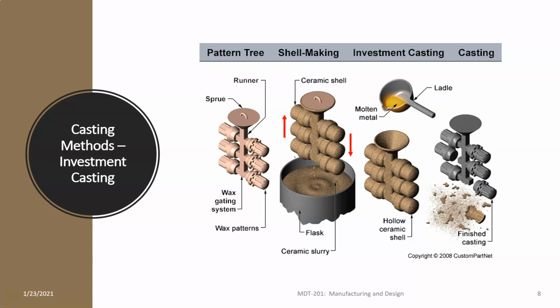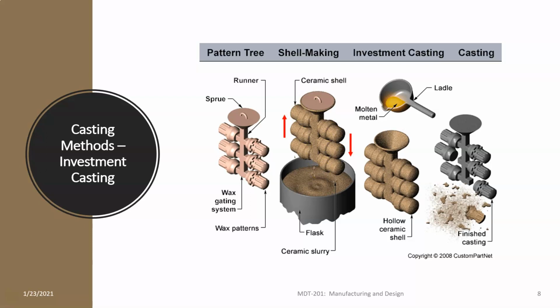So we're going to dip it not once, not twice, but over and over and over again to build up that shell of chocolate. And that's what we're doing here. We're dipping it over and over again in the ceramic slurry to build up that coating. So now what we have is a wax pattern with a wax gating system that's covered in this hard ceramic slurry. All right.